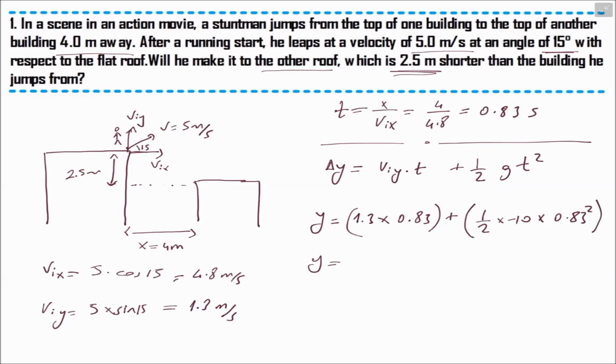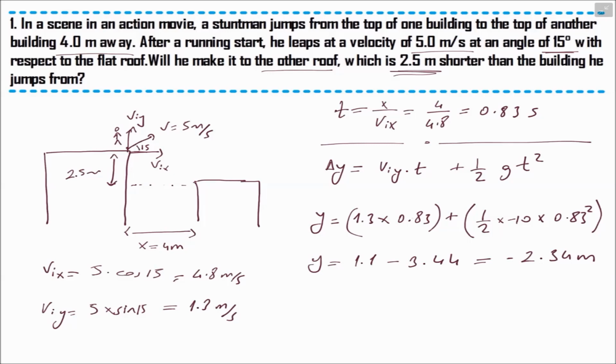And y will be 1.1 minus 3.44. So the result will be negative 2.34 meters.